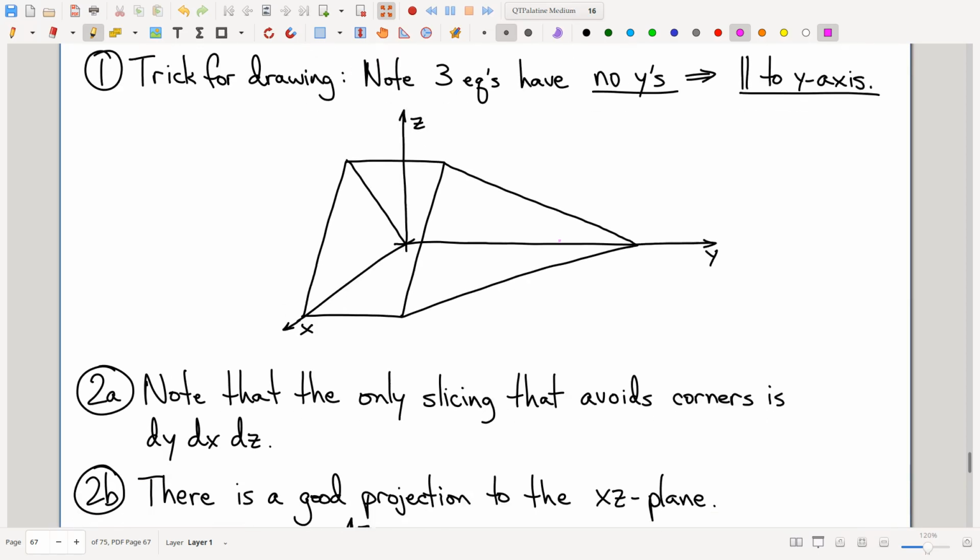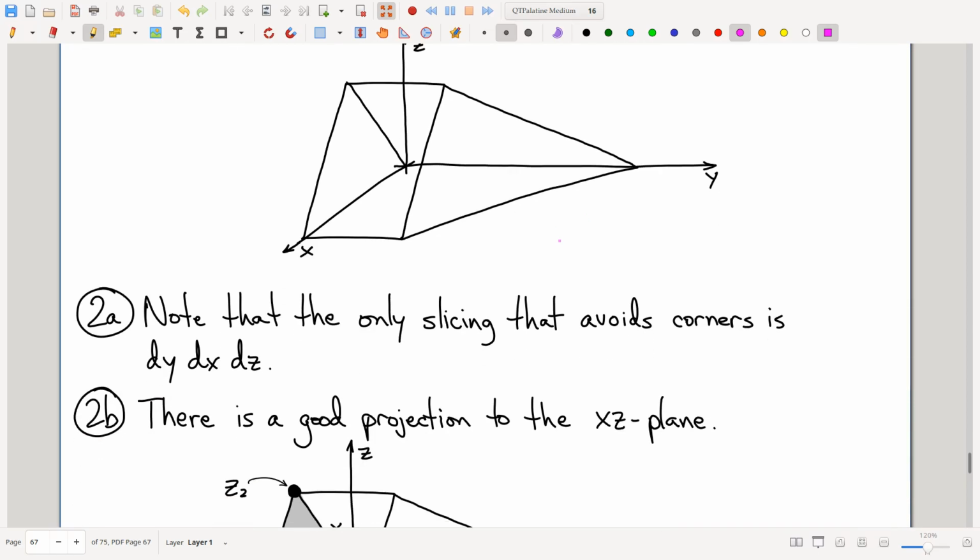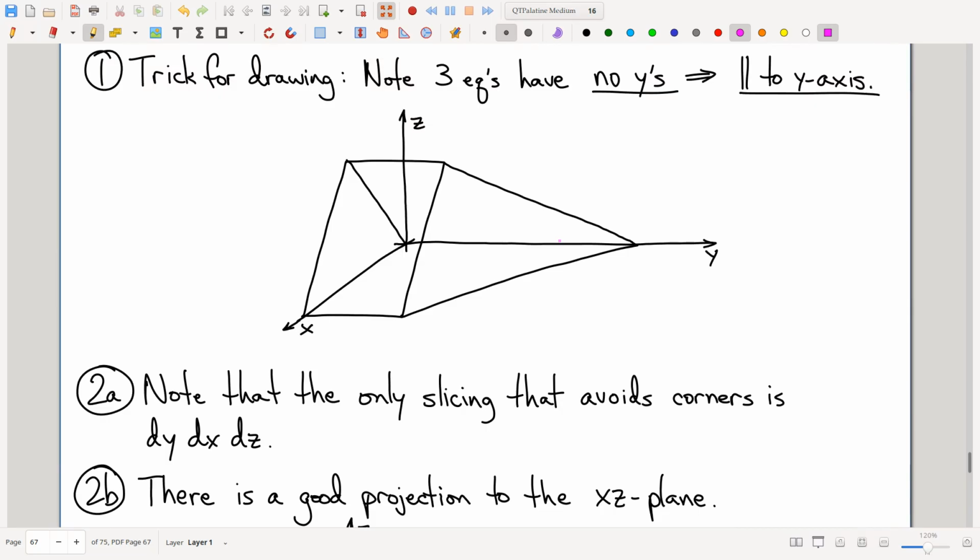Now that we have the picture, slicing begins. And I think it's a healthy exercise. I think everyone should go through all 6 slicing options, and what you're going to find is that only one of them is acceptable.